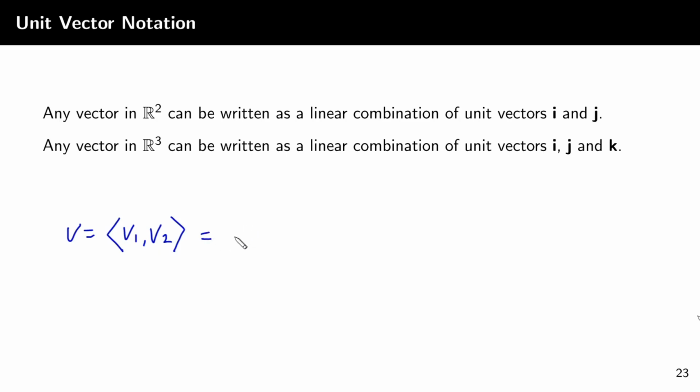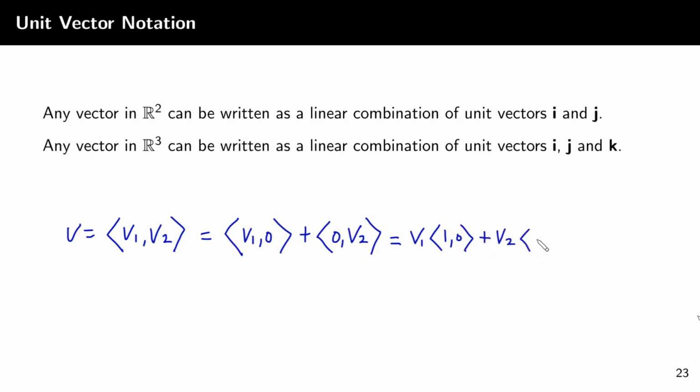From the definition of the sum of vectors, pwede ko itong isulat as the vector with components v1, 0 plus 0, v2. And then, from what we know about scalar multiplication, itong v1 and v2 ay scalars lang naman. Pwede ko silang ilabas. So, meron akong v1 times the vector 1, 0 plus v2 times the vector 0, 1.